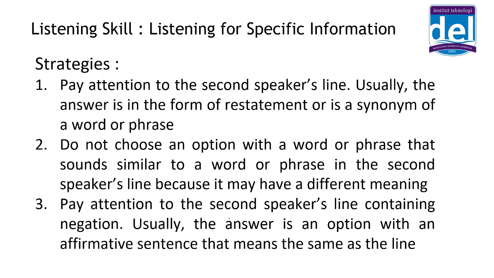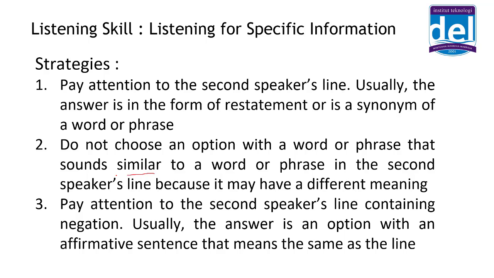So let's see the strategy. The first one is pay attention to the second speaker's line. Usually the answer is the restatement or a synonym of the word or phrases. And then do not choose an option with a word or phrase that sounds similar.